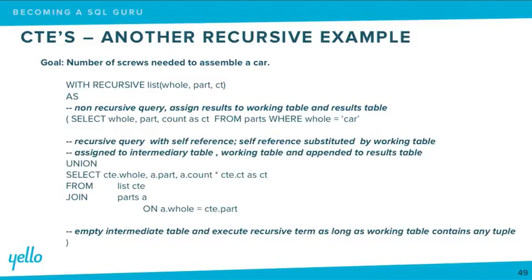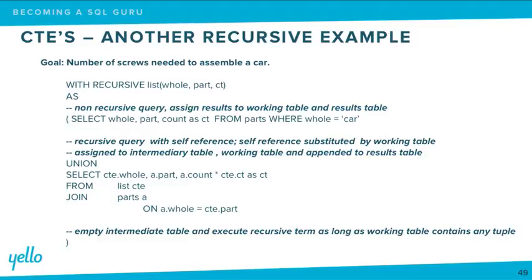So in this case, I'm selecting from my list, which is the name of my CTE, which gets replaced with whatever is in the working table. I'm joining it to the original parts table, where the whole of the parts table is equivalent to the part of my list. And then the actual output that I'm selecting is the whole from my original CTE, because I want it to be the car. I'm pulling the part from the parts table, and I'm multiplying the count from the 2 tables together.